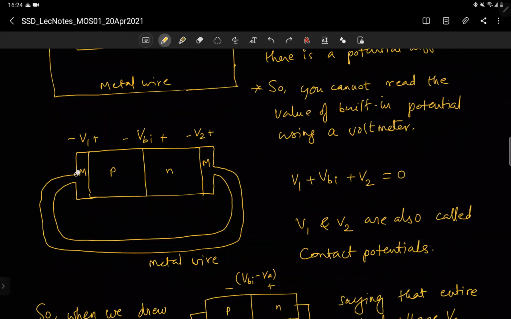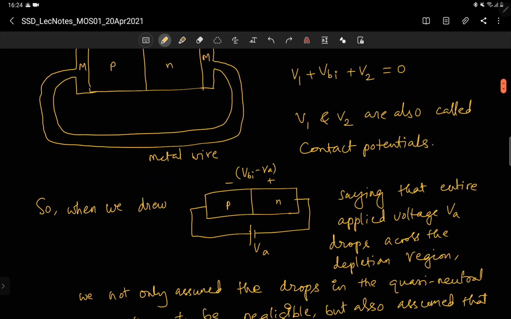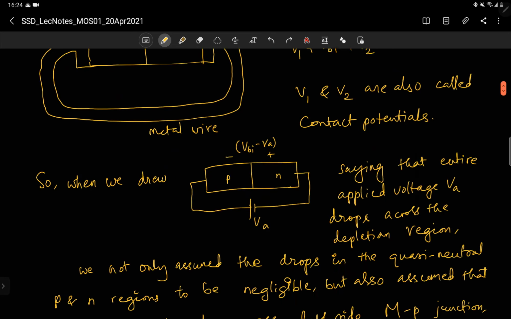So when we drew earlier in case of PN junction like this, with a battery like this VA, we said that the drop across the junction in the depletion region is now VBI minus VA. So that is, entire VA is dropping across the depletion region, is what we said in analyzing PN junction. So this is only an assumption. Why?